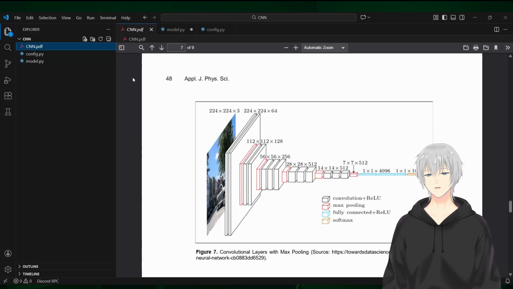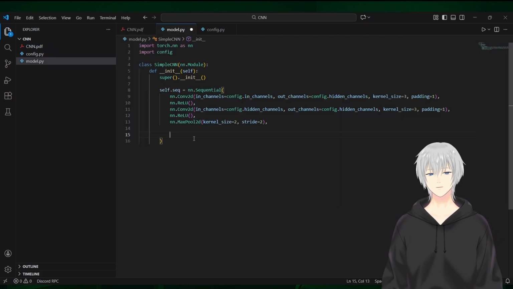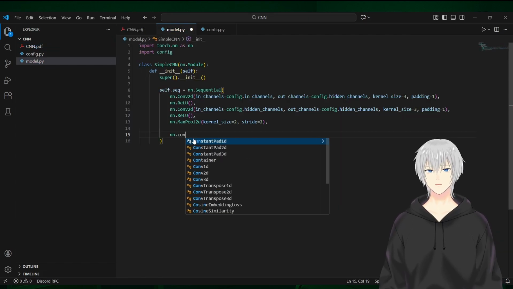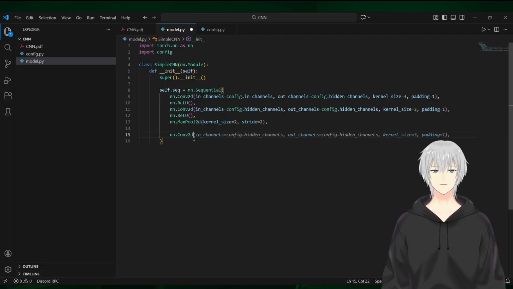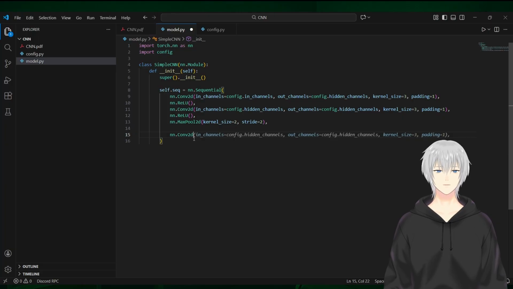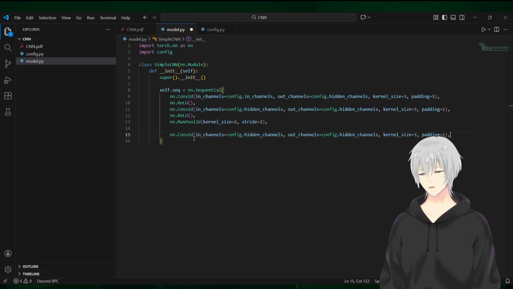Okay, so when we do that, then we can reduce the size by half. So let's do nn.convolutional 2D.